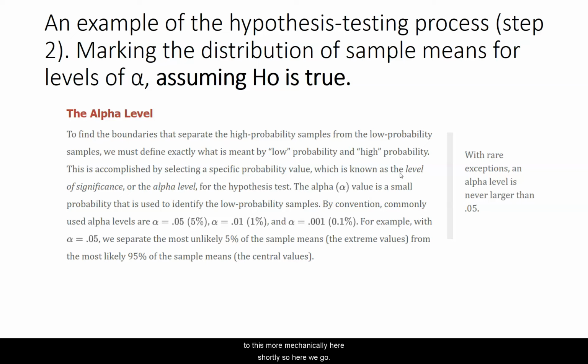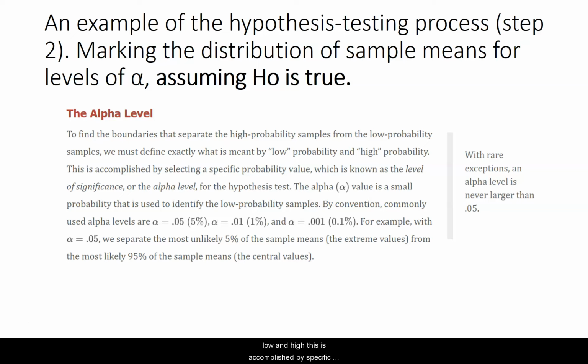So here we go. We're going to mark the distribution of sample means for levels of alpha, assuming that the null hypothesis is true. You can see over there on the right, with rare exceptions, the alpha level is never larger than 0.05, and again, the great majority of the time it is not. To find the boundaries that separate high probability samples from low probability samples, we have to define what's meant by low and high.